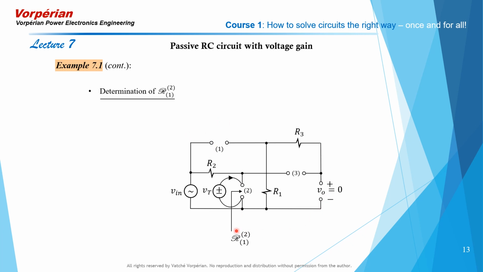Now this circuit presents a bit of a problem because you see that V0 is always 0 regardless of what Vin or Vt is doing, because there is no path from either excitation to the response. You can remove that confusion very easily by introducing an arbitrary resistance across port R1.